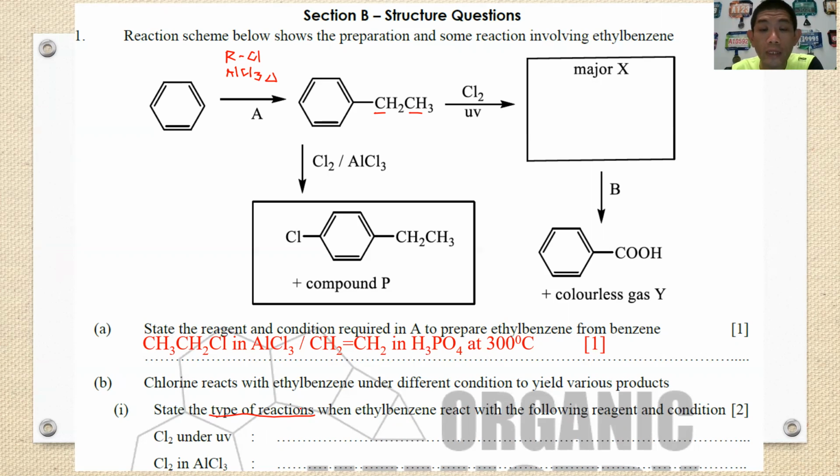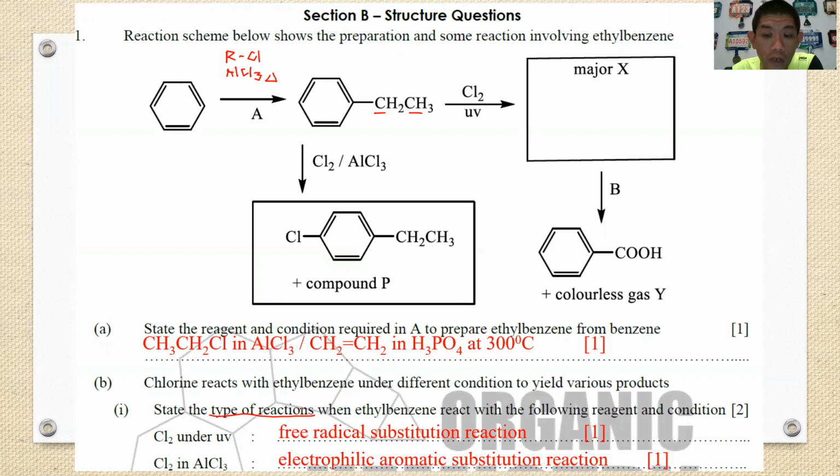In the case of Cl2 under UV, it is a free radical substitution reaction. And Cl2 in AlCl3 is electrophilic aromatic substitution. That is how you should answer for the type of reaction in 1.